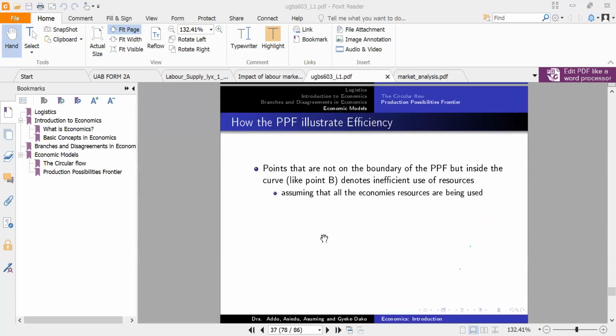So how the PPF illustrates efficiency is what I've just explained, but the text is also on the slide for you. Points that are not on the boundary of the PPF but inside the curve, like B, denote inefficient use of resources. Assuming that all the economy's resources are being used but you are underproducing, at point B, then it's inefficient.